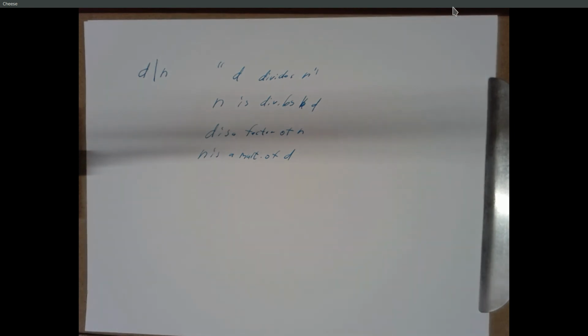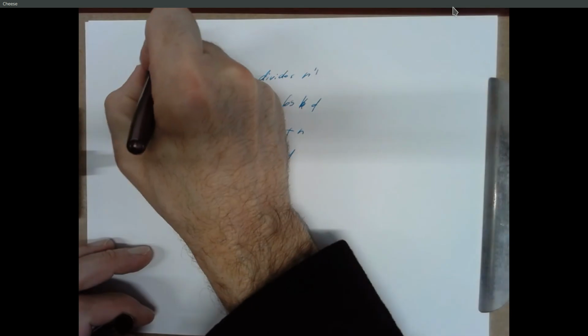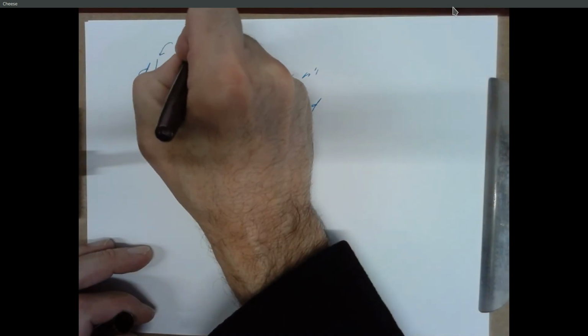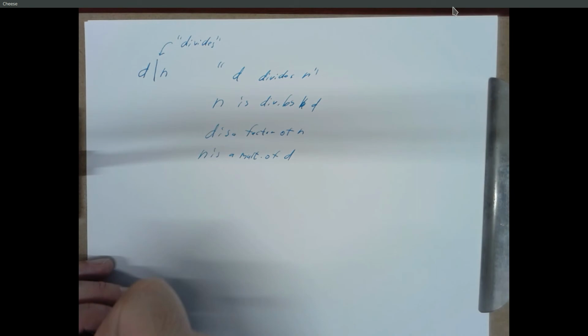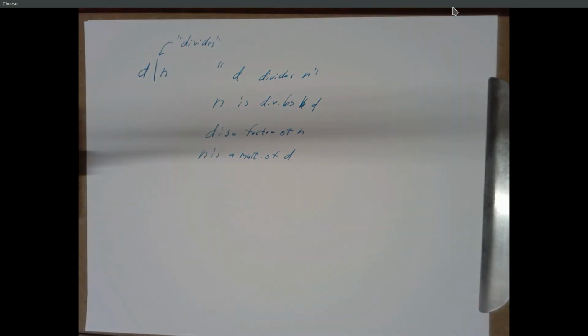It's a totally different symbol which we can interpret as meaning divides. So the thing on the left divides the thing on the right. It's a bit of an unfortunate notation.